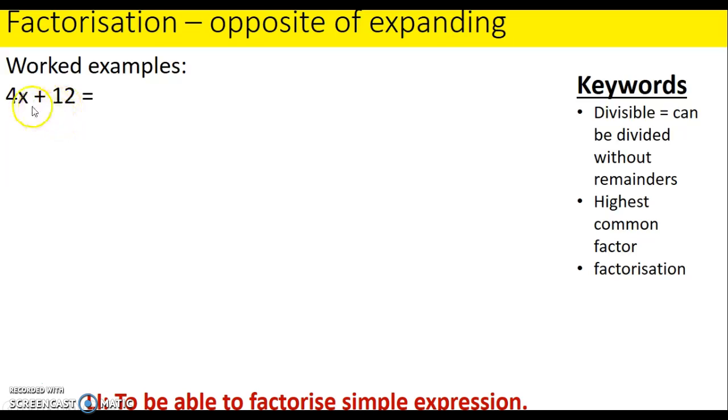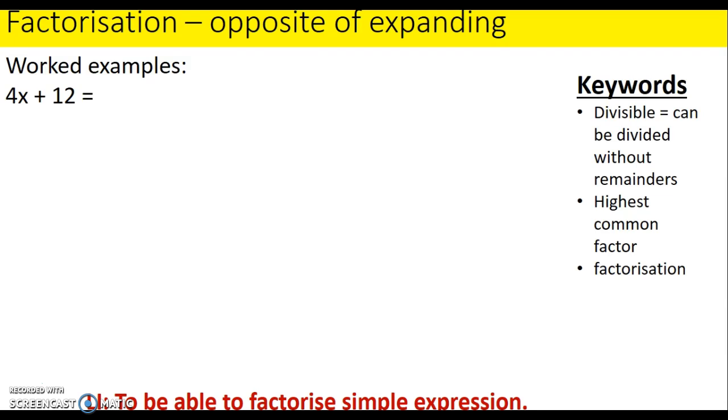Now, you've got 4x plus 12, and we're going to think of a common factor. A common factor is something that you can divide 4 and 12 by, just one number. That number could be 2, because 4 is divisible by 2, and 12 is also divisible by 2. It is true, but for factorizing, you have to think of the highest common factor.